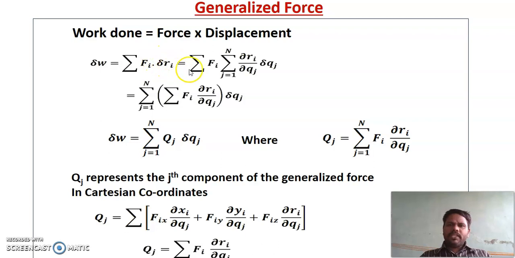Substituting the virtual displacement expression, we obtain the generalized force represented by Qj, which is equal to summation over i of Fi dot dou ri by dou qj. This is the generalized force expression.